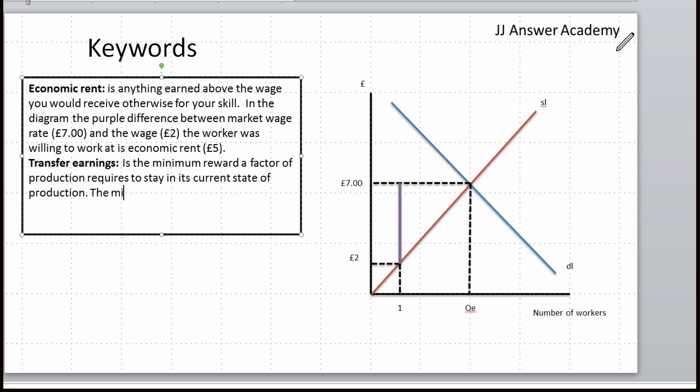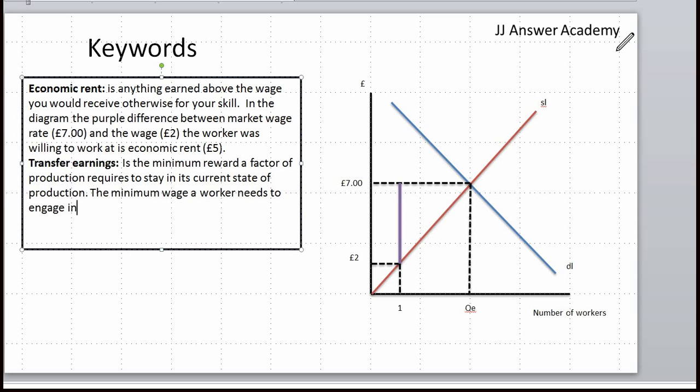So the minimum wage a worker needs to engage in economic activity. So in this case, it is the £2 he is willing to supply for. So from the diagram, this £2. Are we happy with this?